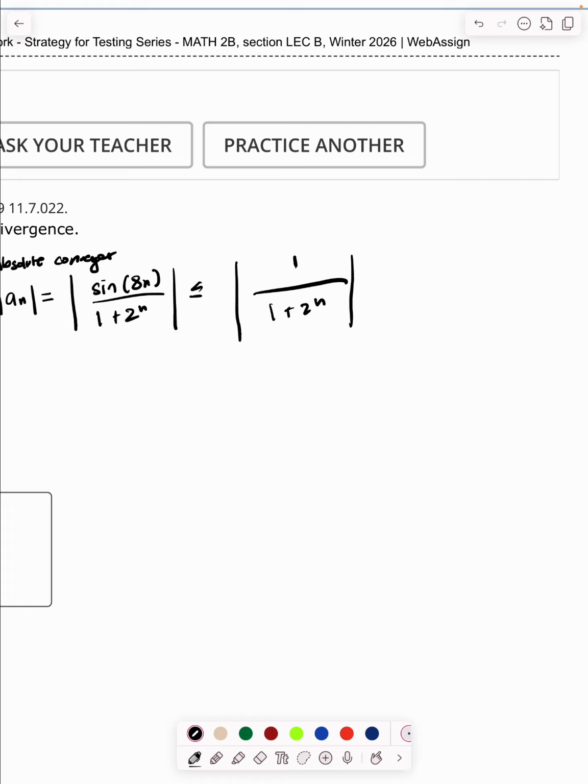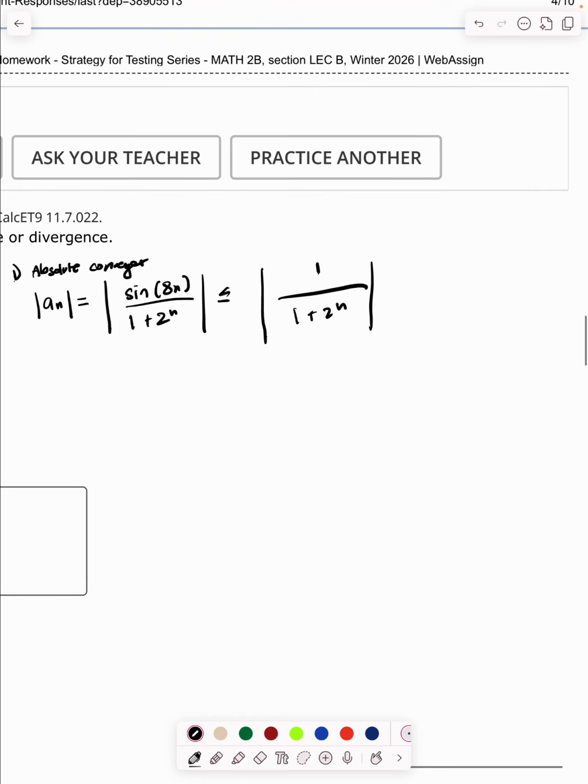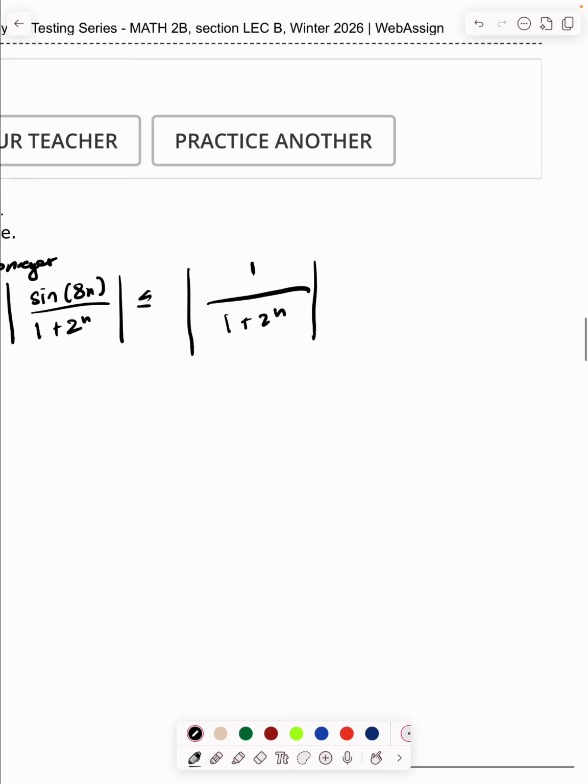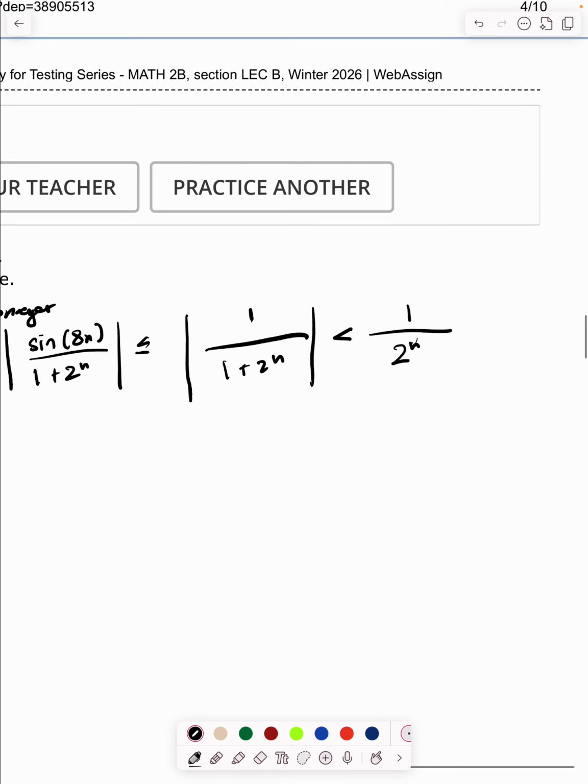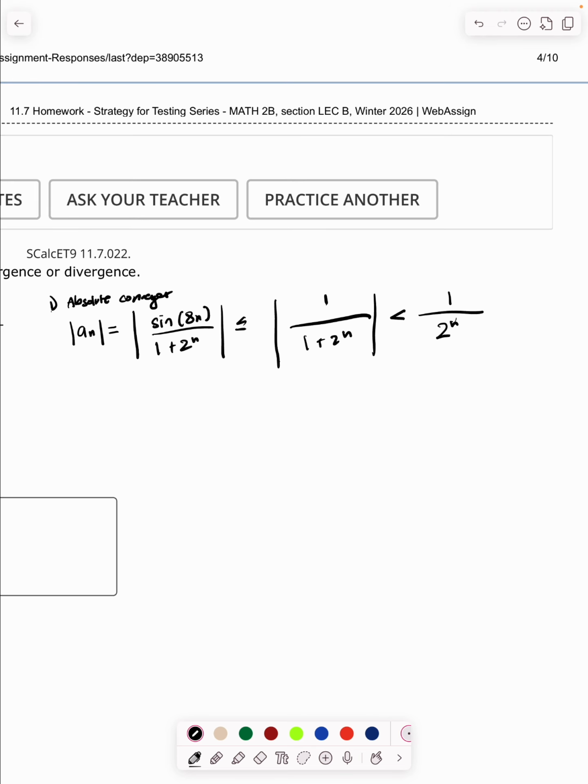And then finally, I can do a limit comparison test. Because look, if I divide by more on the bottom, it's giving me a smaller piece. So I also know that if I divide by less, it will give me a bigger piece. So 1 over 2 to the n for sure bounds this one. And it's really important to establish an upper bound, especially if we're trying to prove that something is convergent.